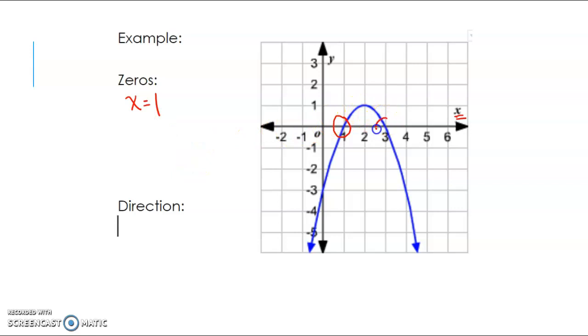Our other zero is right here, where x equals 3. Now the direction here, it opens down. So what does that tell us? That tells us that a is less than 1.